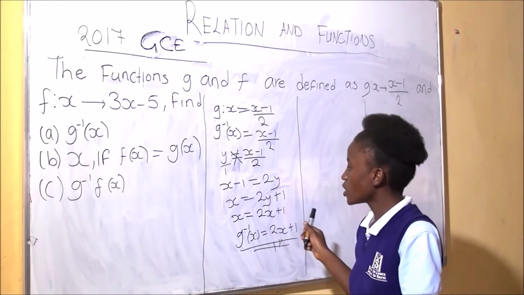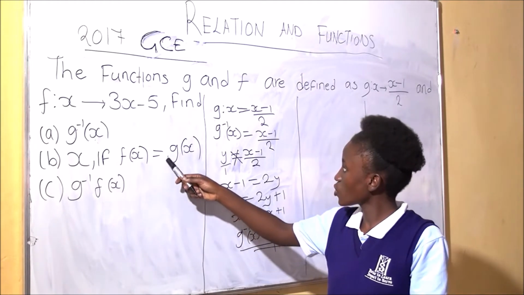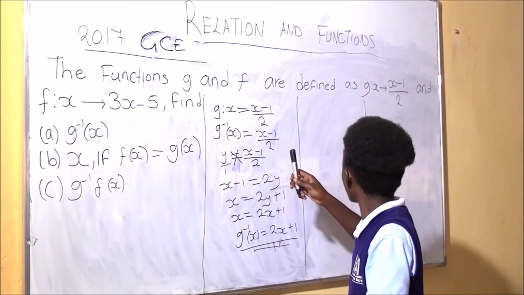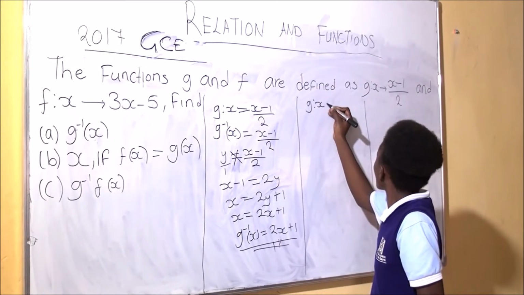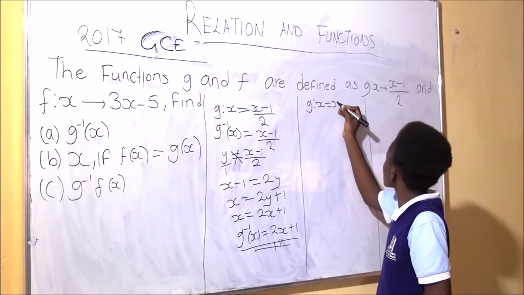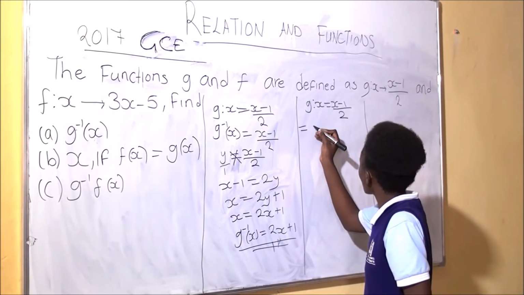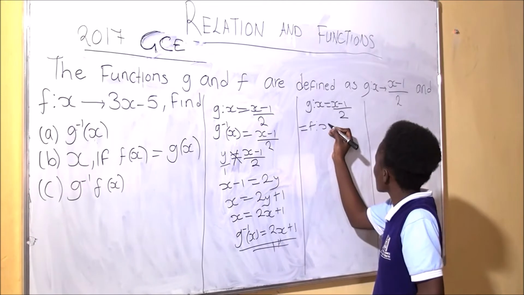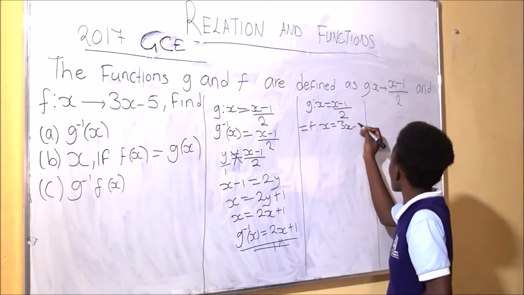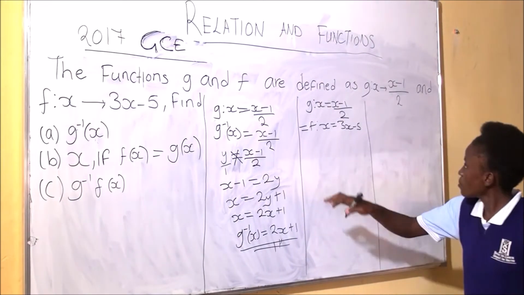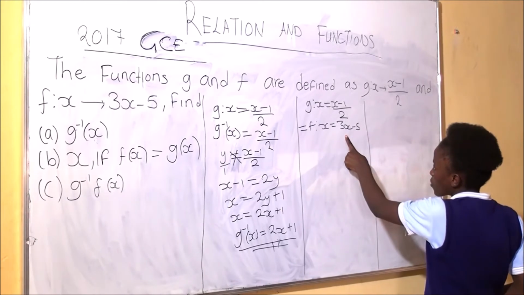We go to the next question, which says find x if f of x is equal to g of x. This simply means that g of x, which is x minus 1 over 2, is equal to f of x, which is 3x minus 5. Like this. So this simply means that we should equate them because they are equal.